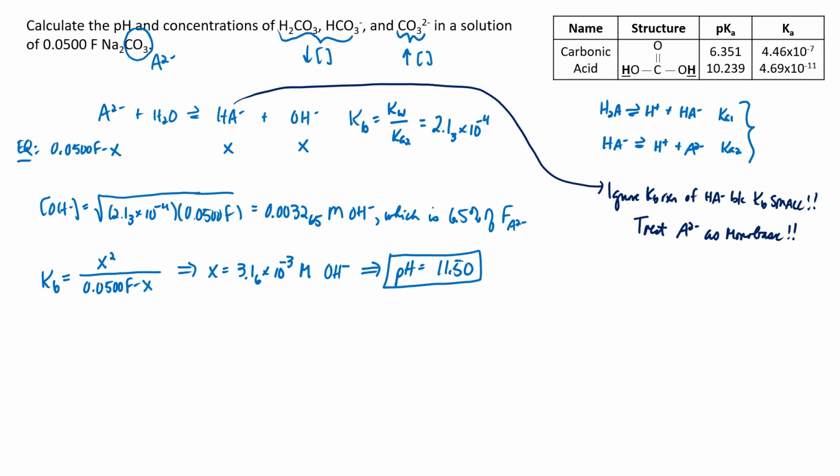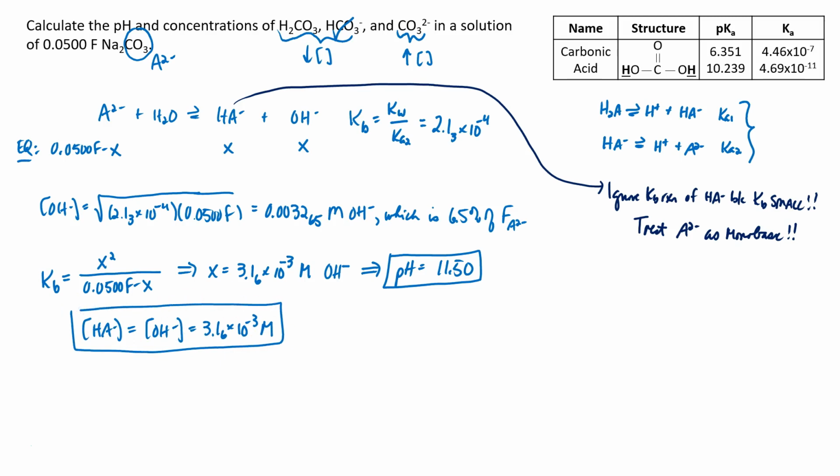So we've gotten the pH. Can we get any of these other concentrations? Sure we can. We solved for x, but not only is x OH-, it's HA-. So HA- would just be that OH- concentration that we got, which was 3.16 times 10 to the negative third molar. And I think we can get the A-2 concentration.